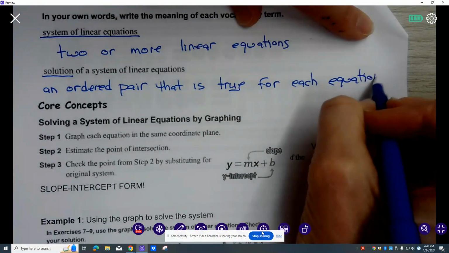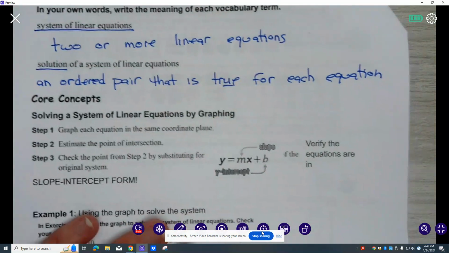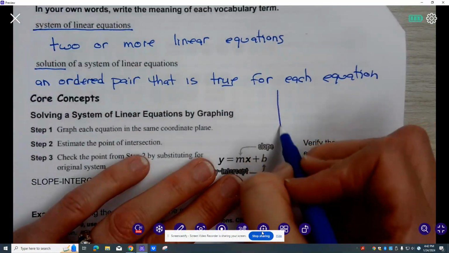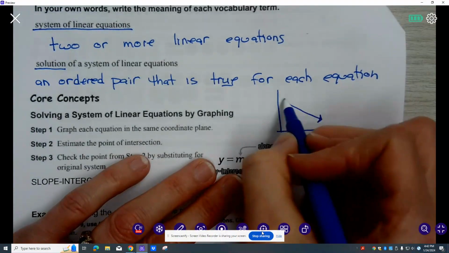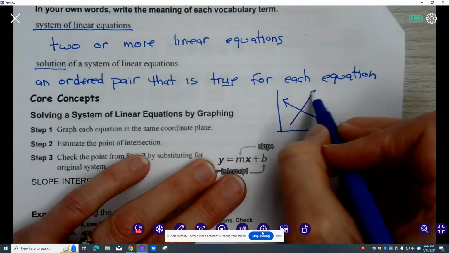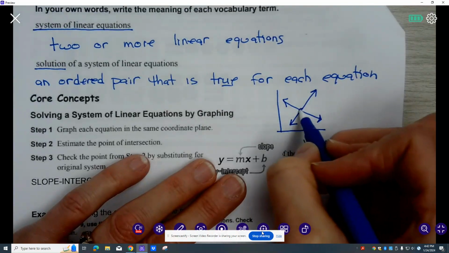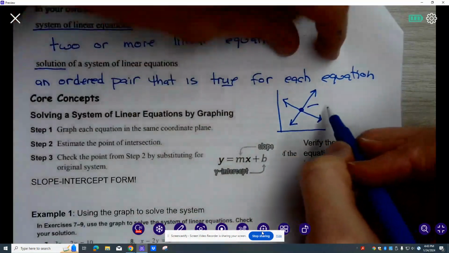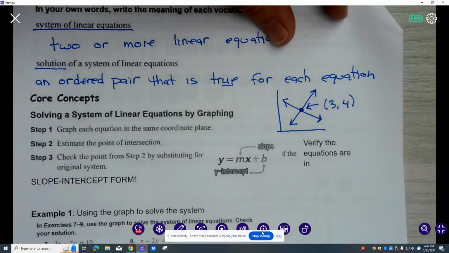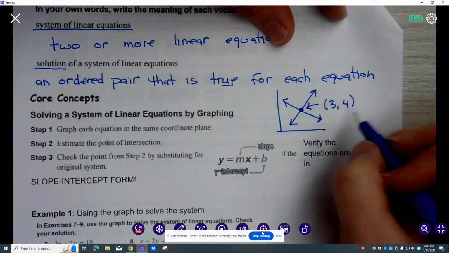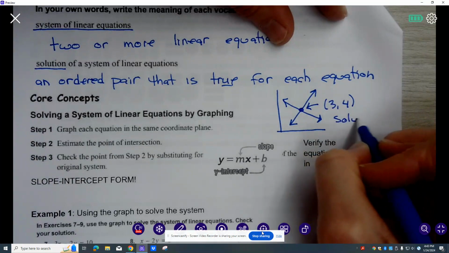I want you to just draw a little picture of what we're talking about here. We're just going to draw a little tiny coordinate grid. We're going to pretend we graphed a line and we graphed another line. This point right here, which I'm just going to call (3, 4), just making this up, doesn't matter if it's exact, that is a solution.